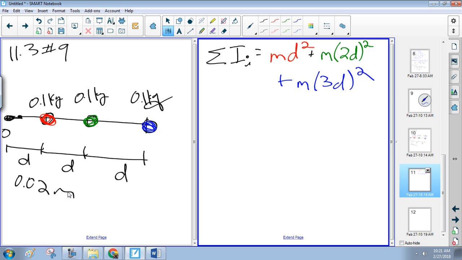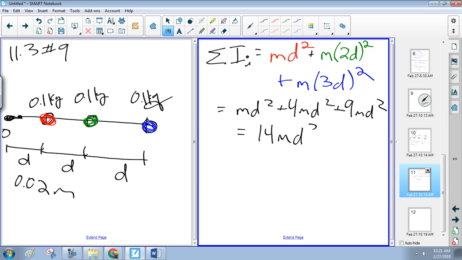All right, so simplify this, and you end up getting md squared plus 4md squared plus 9md squared, which is 14md squared. Follow? All right, so that's what we start with.